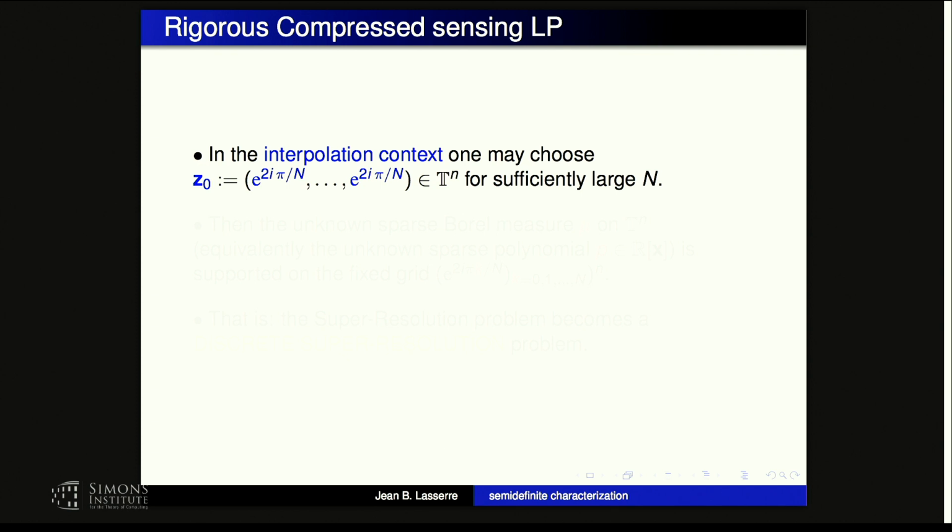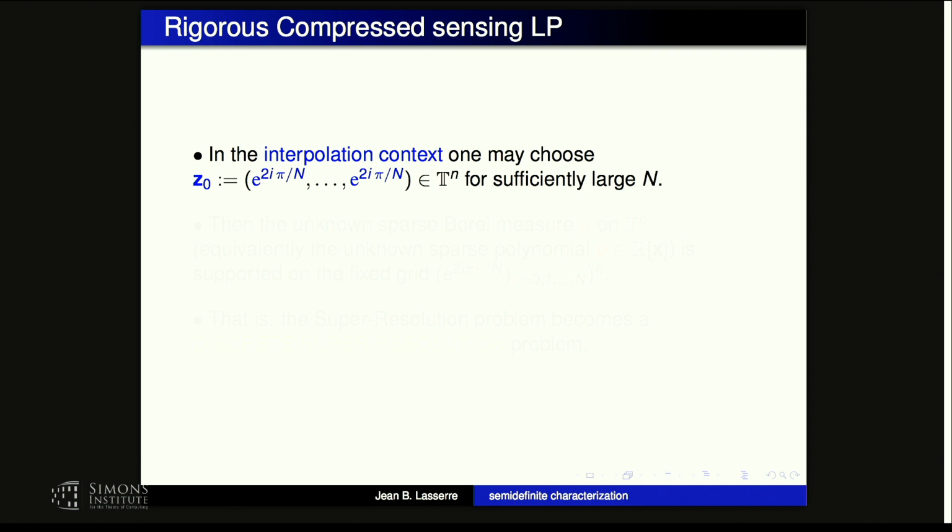Now, there is an additional thing which is relatively interesting. The interpolation problem is a bit different from super resolution, in the sense that it is a special case of super resolution, in that you have the choice of your initial point z0 on the torus.